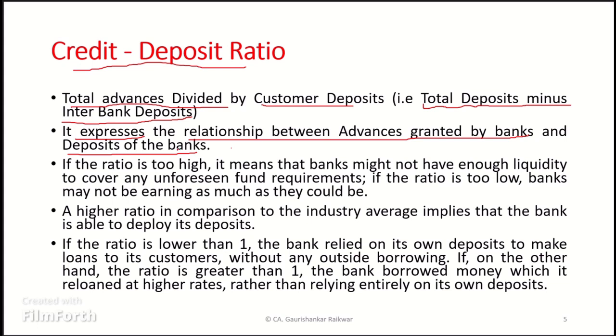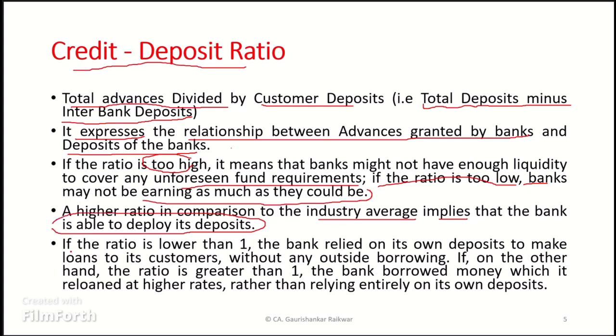If the ratio is too high, it means that the bank might not have enough liquidity to cover any unforeseen fund requirement. If the ratio is too low, the bank may not be earning as much as it could be. A higher ratio in comparison to the industry average implies that the bank is able to deploy its deposit in an effective manner.